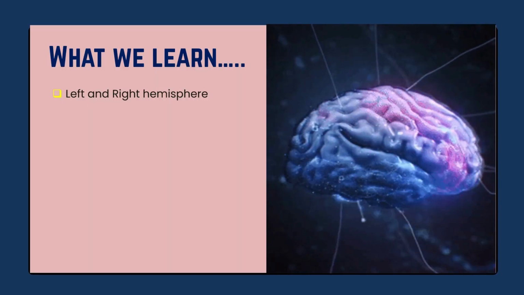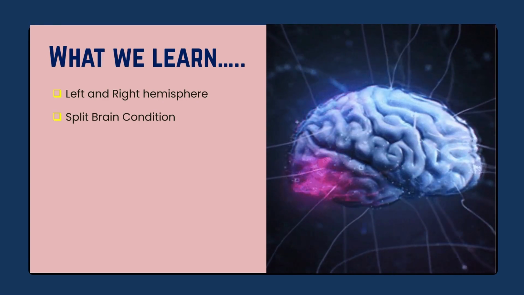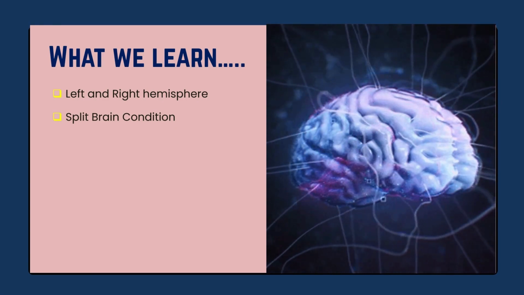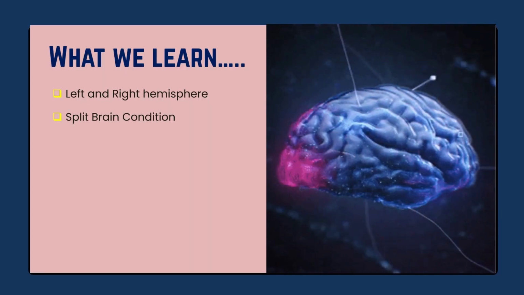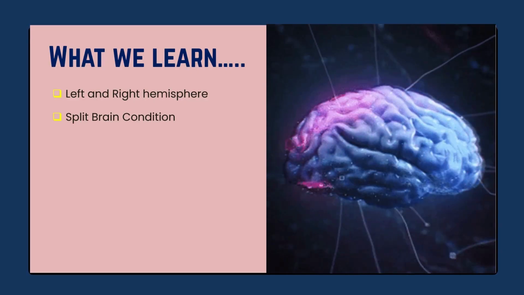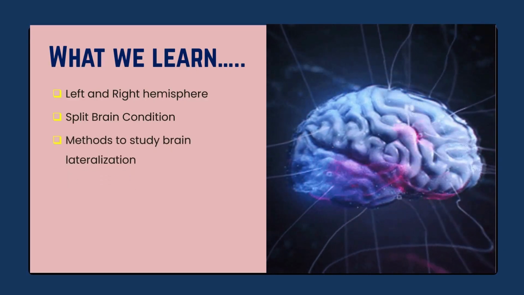And these two hemispheres are connected by what? Corpus callosum. And we'll see what is a split brain condition, where if this corpus callosum is cut, how the two halves behave. Then we'll also see methods to study brain lateralization.